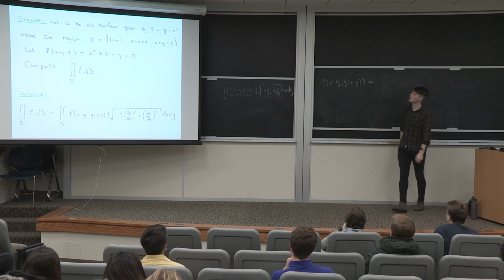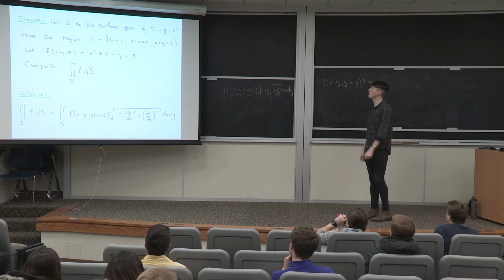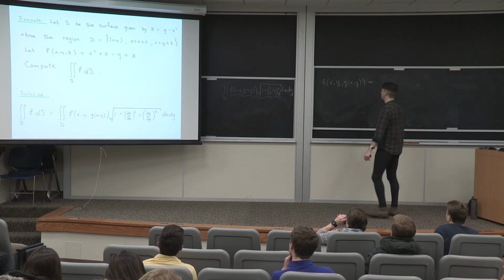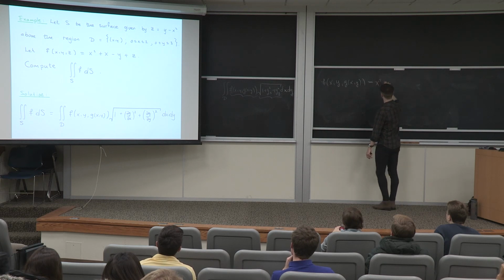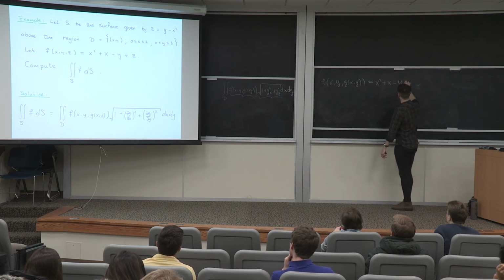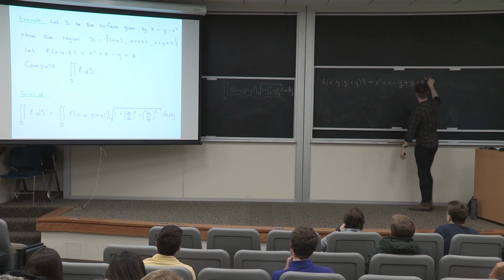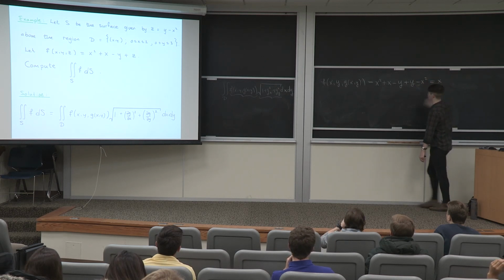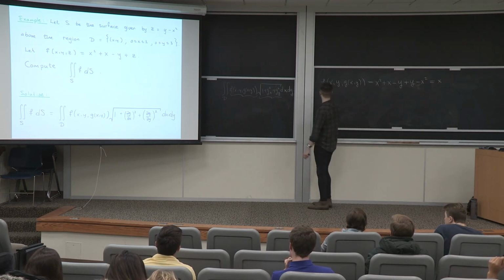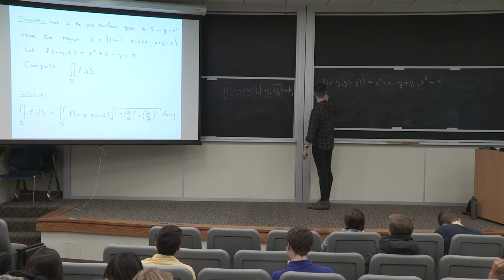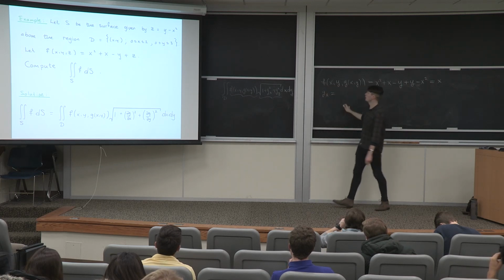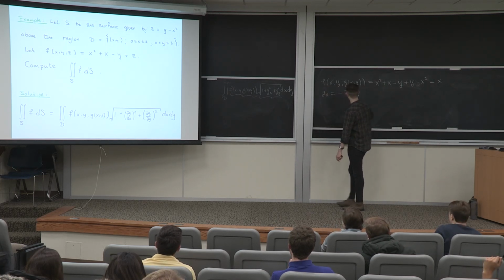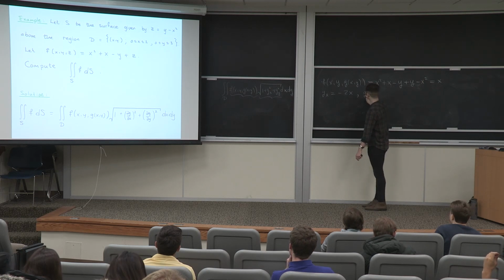It gives us that g of x, y is equal to y minus x squared because that's the surface. Then for f of x, y, z, where it says z, you plug in y minus x squared. So it's x squared plus x minus y plus y minus x squared. So that's just x. Now the part inside the square root: the partial with respect to x is negative 2x, squared gives 4x squared, and the partial with respect to y is 1.